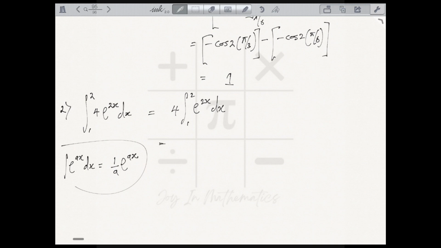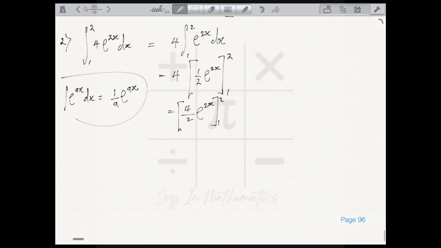Now a in this case is 2. Just like we've been here before, this will give us 1 over 2 exponential 2x from limit 1 to 2. So this will give us 4 over 2 exponential 2x from 1 to 2, which gives us 2 exponential 2x from limit 1 to 2.